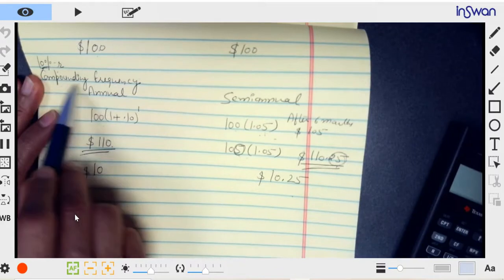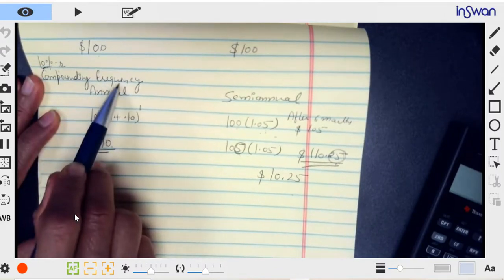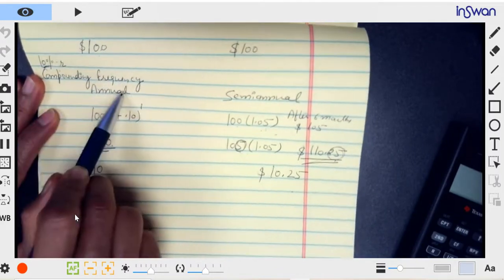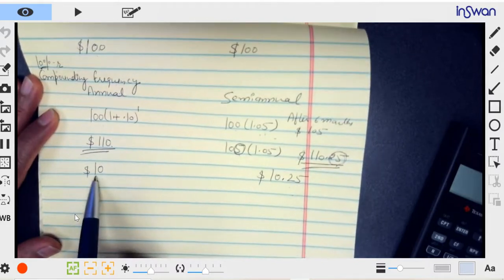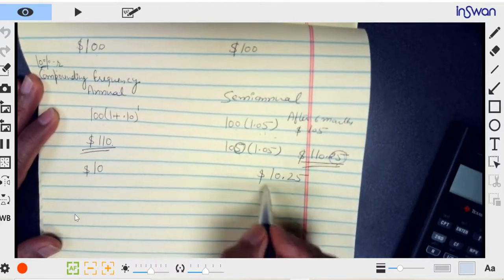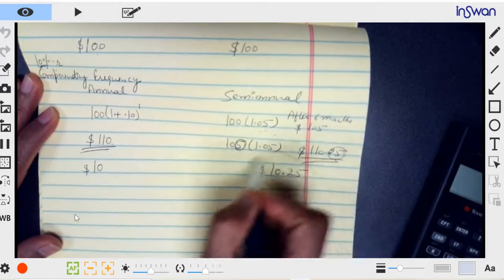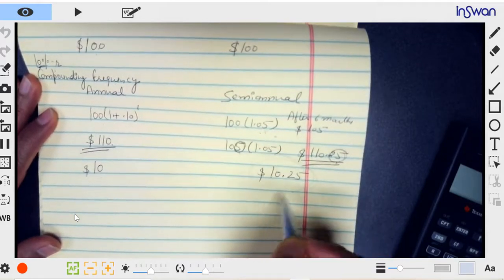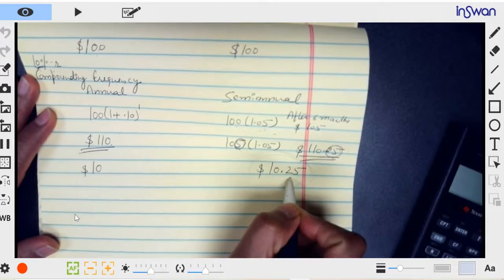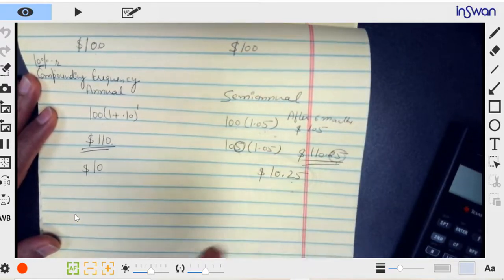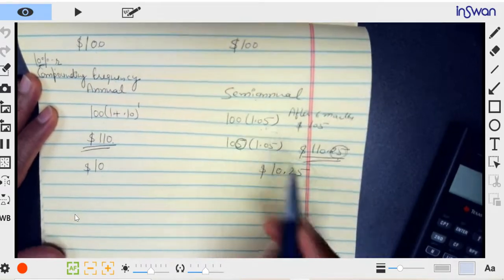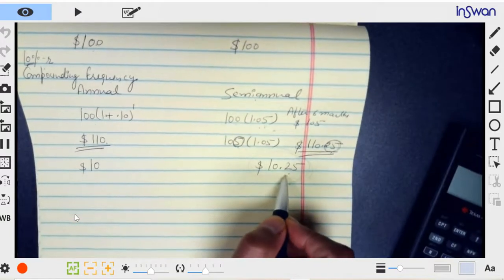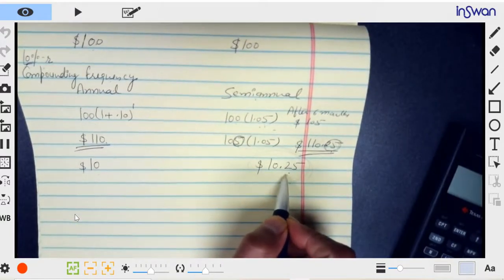Whereas just because of compounding frequency, effectively your friend could earn more than what you could earn. So how much you are actually able to earn gives the effective interest rate. The more frequent the compounding, the higher your effective interest rate would be.